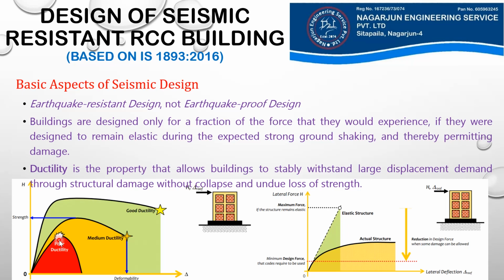There is an unexpected loss in strength of the structure, and the structure will collapse without allowing for the effects of ductility to take place. But if we design a structure with good ductility, there won't be a sudden collapse. After yield of the structure, there will be dissipation of the energy, and the structure will remain intact after the structural damage without any unexpected or abrupt loss in strength of the structure.